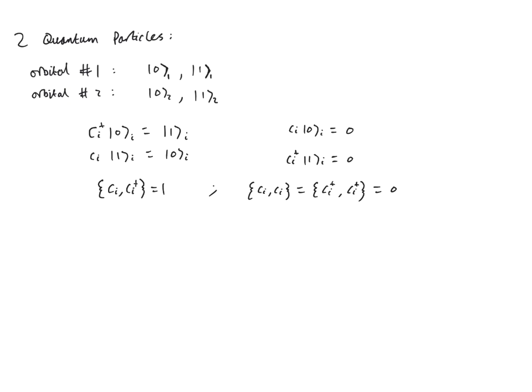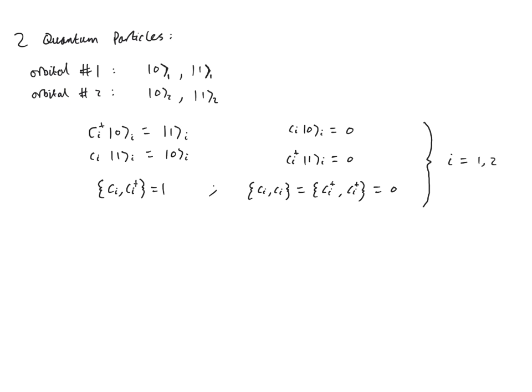And all of this that I've written down here defines completely the operator algebra for each of the two sites. In this case, we've got orbital 1 and 2, so i is either 1 or 2.